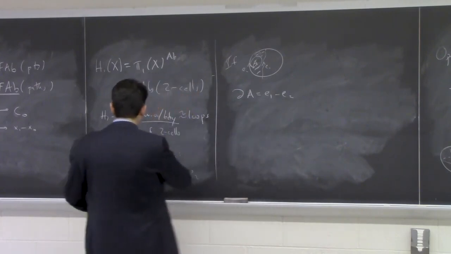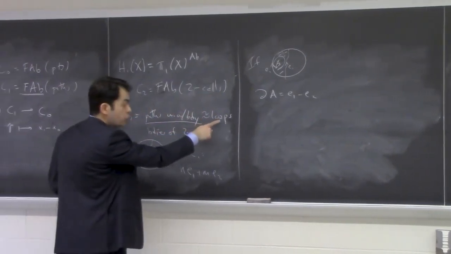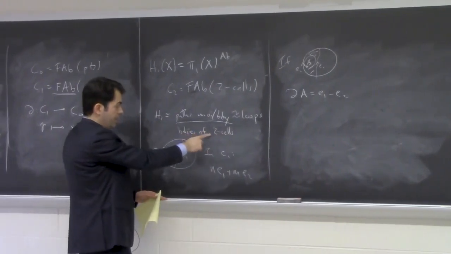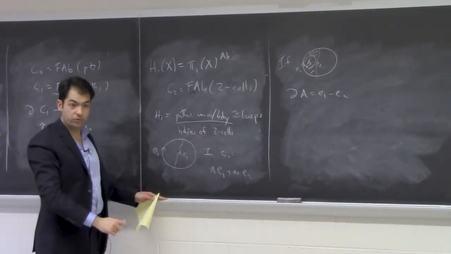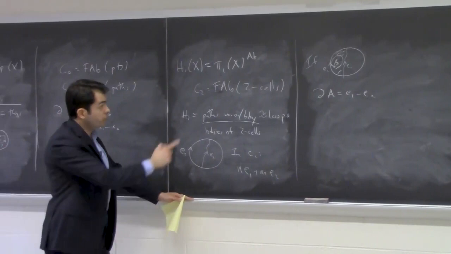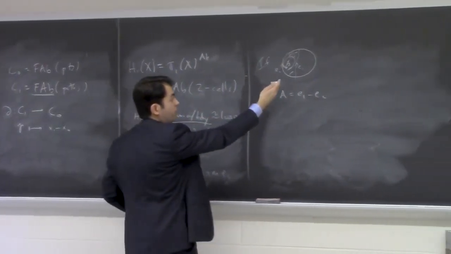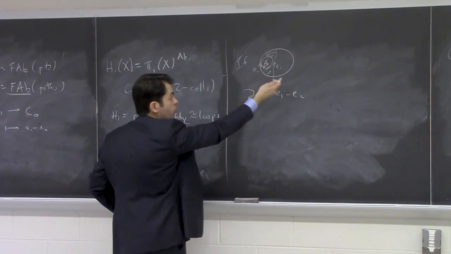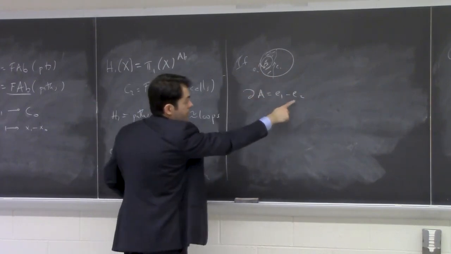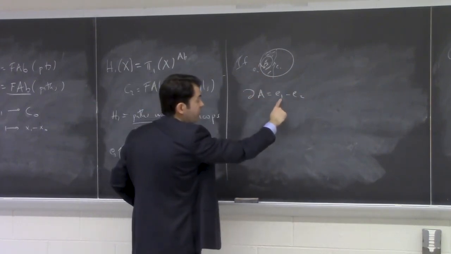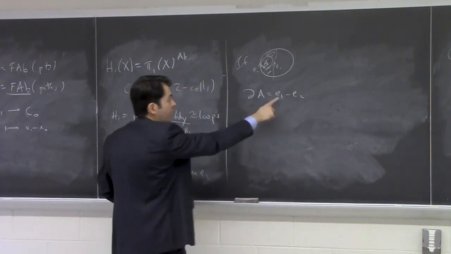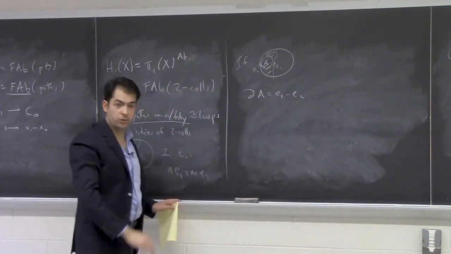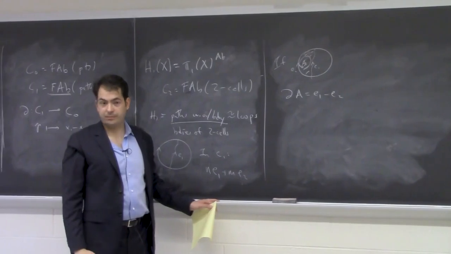Okay, and so you can see that we're really getting just loops mod out by boundaries of 2-cells. Of course, this boundary of the 2-cell, you can think of as just giving you space to homotope from E1 to E2. But here, it has the same effect that in this group, you're identifying E1 and E2 when you take this quotient.